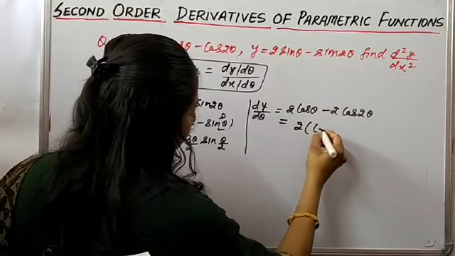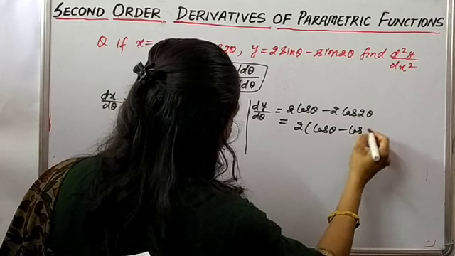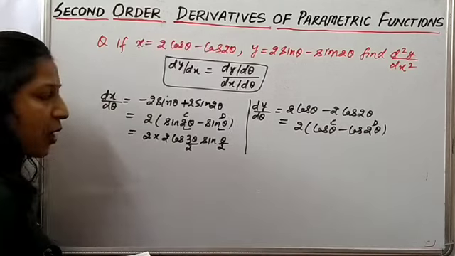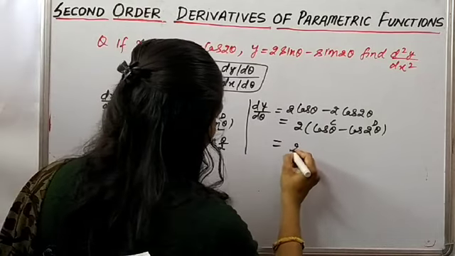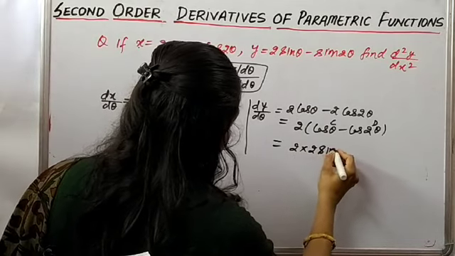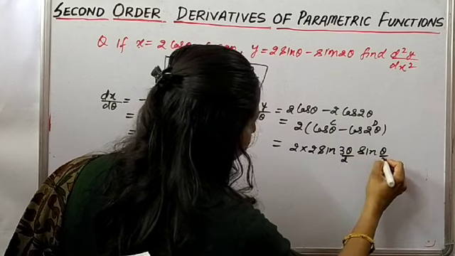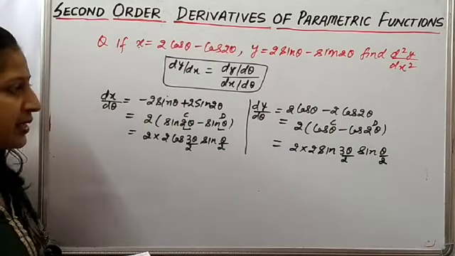Similarly take 2 common, and we get cos theta minus cos 2 theta. Now apply the formula of cos c minus cos d, which is 2 sin of c plus d by 2 into sin of d minus c by 2, right?